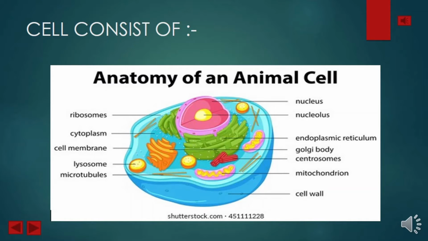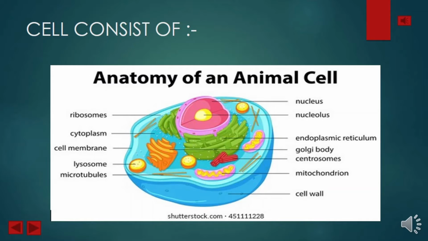Cytoplasm, the blue colored viscous liquid present inside, is called cytoplasm, and you can see there is a definite nucleus with a nuclear envelope and the nucleolus inside. The nucleus consists of the chromosomes, which consist of genes, and here the genetic material DNA is present.